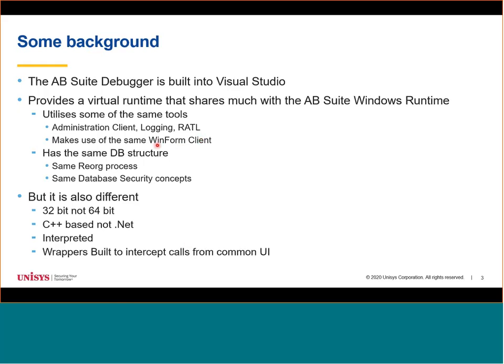The way the wrappers work is the WinForm client tries to talk to a Windows runtime system, but instead those calls are intercepted by the wrappers and redirected to Debugger. So that's the reason for these. These wrappers are only built the first time they're needed or a significant change is made. A significant change would be you add a new iSpec or add a new report, but other than that, they only need to be built once. But they do take a little bit of time, and that's one of the things we'll talk about when I get to performance.